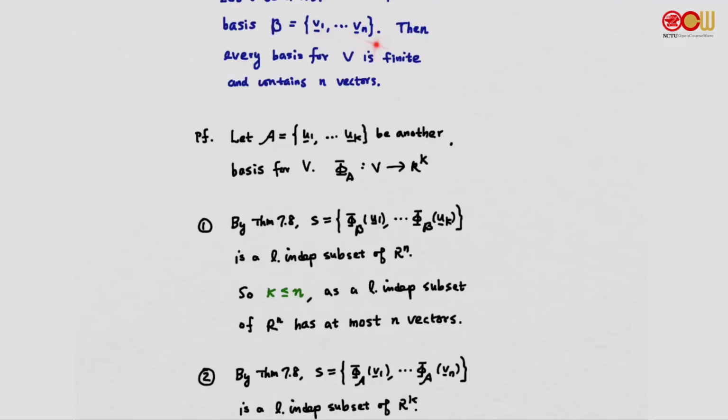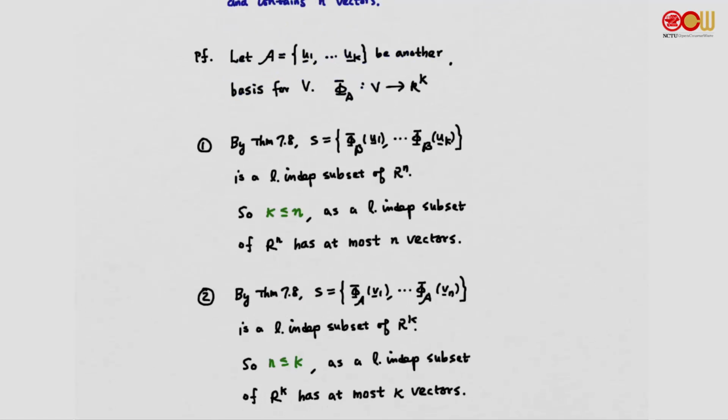So their images, phi A v1 to phi A vn, are also linearly independent. This is a linearly independent subset of Rk. There are n vectors here, and they are a linearly independent subset of Rk. So we know n cannot be larger than k, because Rk has at most k linearly independent vectors.